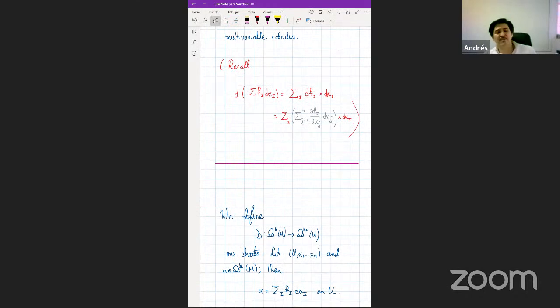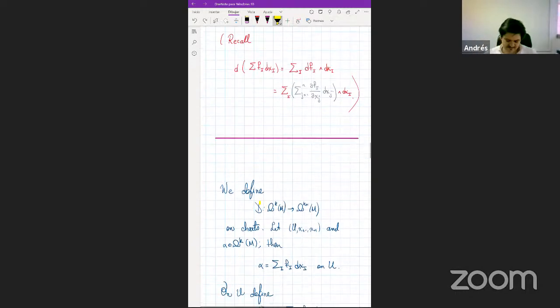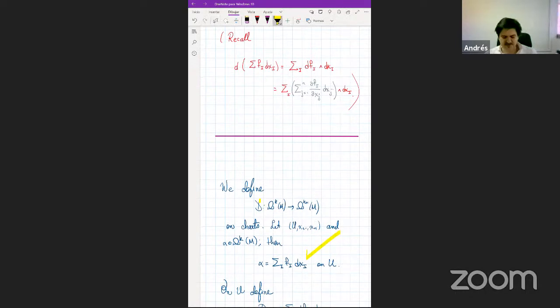So now let's consider a manifold, and let's try to understand D locally, only on a chart. So again, D is an exterior derivative. Let's pick a point, pick a chart. And again, any K-form looks like this.